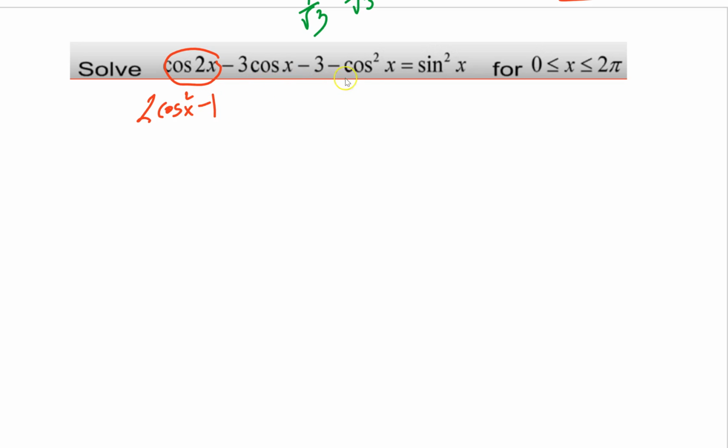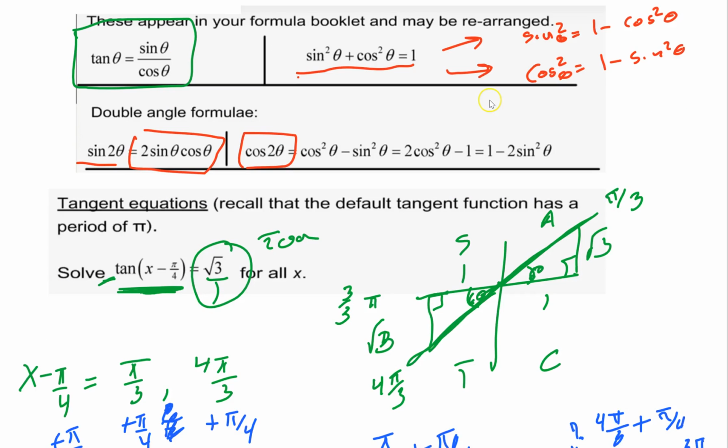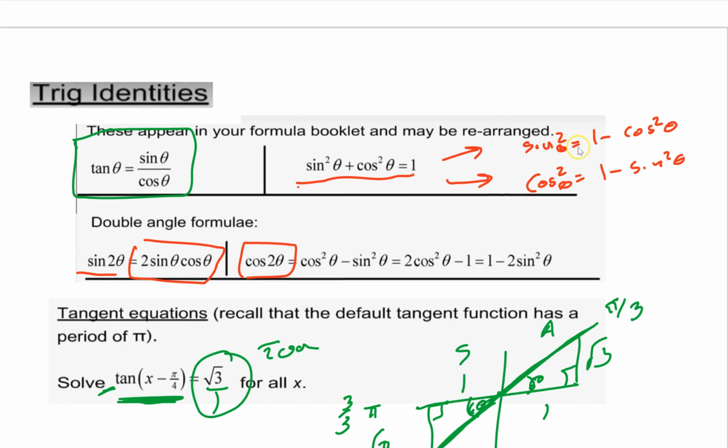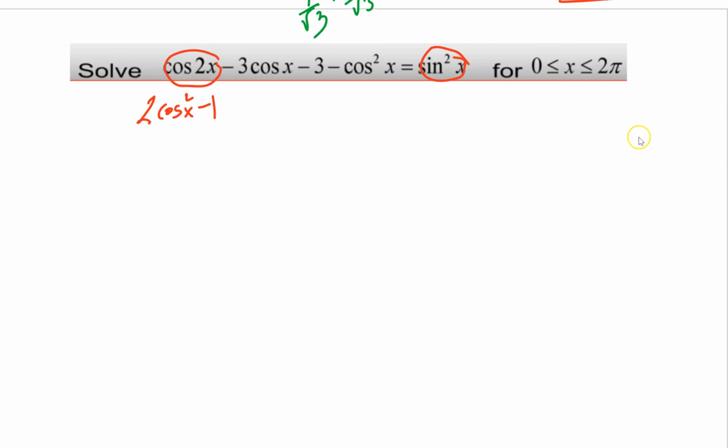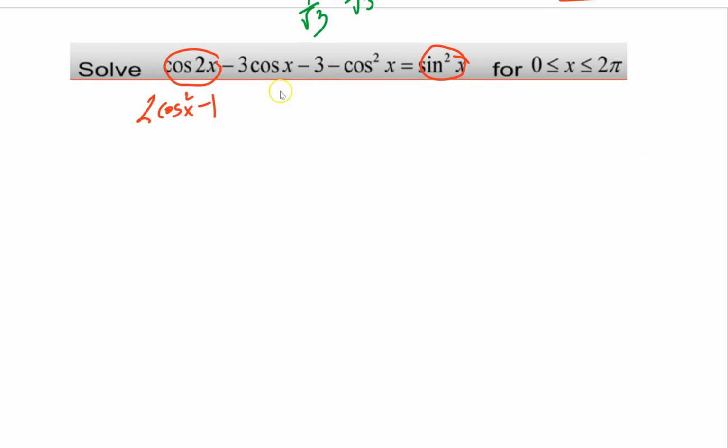That one's fine. Cosine squared is in cosine, so I'm going to let it go. Sine squared. Remember what we said sine squared equals? It's one of those things we added in. Sine squared equals 1 minus cosine squared. So this is 1 minus cosine squared. So let's bring everything else down.